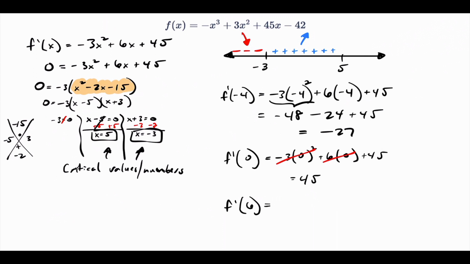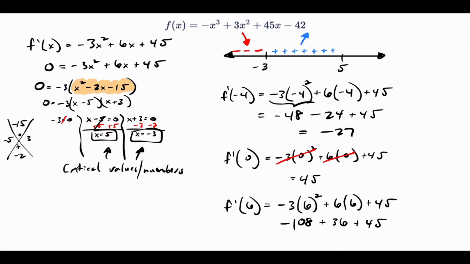Well, I'll plug in 6. So negative 3 times 6 squared plus 6 times 6 plus 45. Oops, negative 6, or positive 6, yeah. So 6 squared is 36. 36 times 3 is negative 100 and something. 36 times 3, 18, 108. 36 and 45 together make 81.